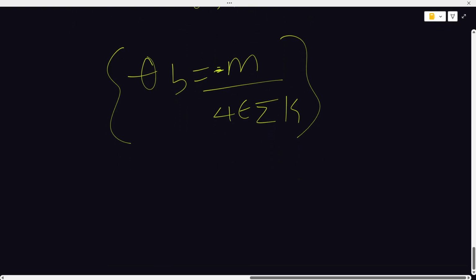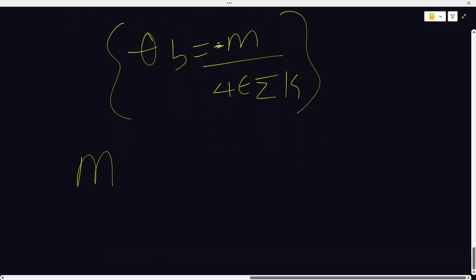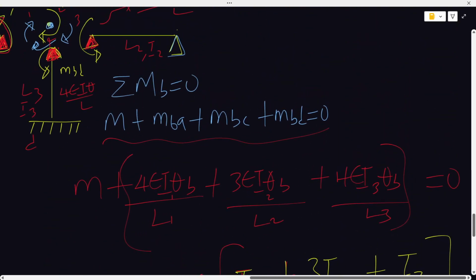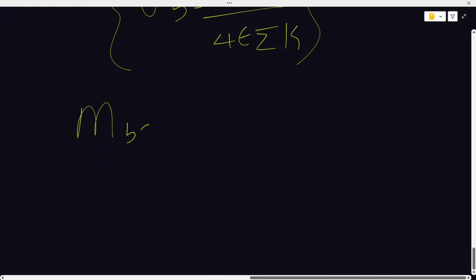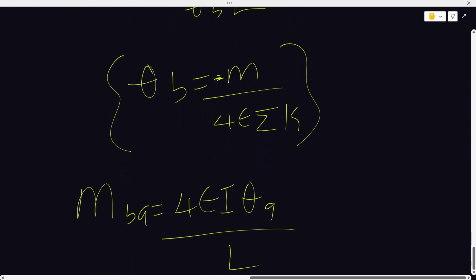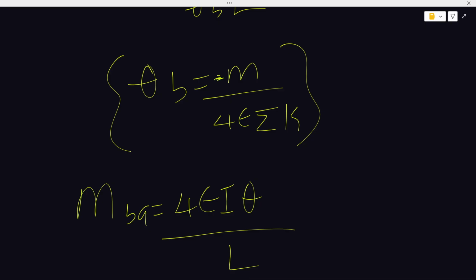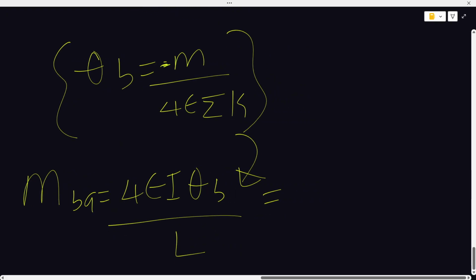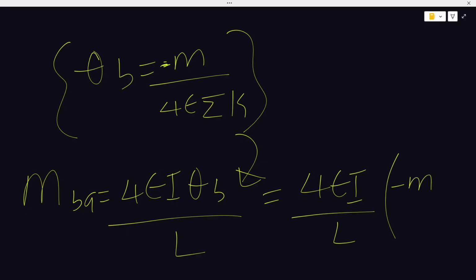Remember, we have MBA, which was equal to 4EI theta over L. Substituting theta B, rather, not theta A, theta B, inside this equation, you'll be having 4EI over L times minus M over 4E summation of the K's.